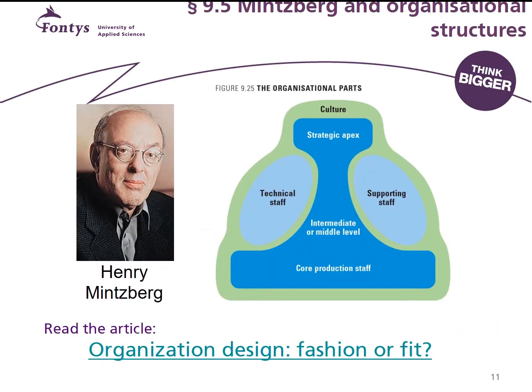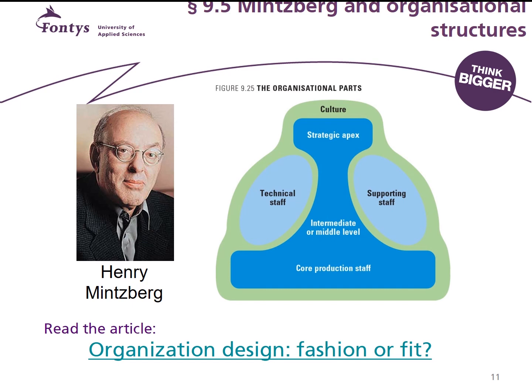If you look at the model, you can see some elements, some organizational parts, as he calls them, that are always there when you look at an organization of a certain size. Above you can see the strategic apex. It means someone is in charge, someone is in command, if you look at the last lesson. Below you have the core production staff, the people who do the actual work, making the products or giving the services to the customer.